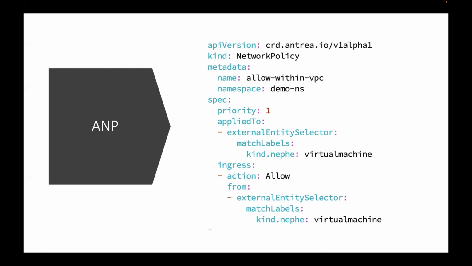Applied to is an external entity, and this external entity is created by NEFI. When I show the external entity information in the demo, it will be clear that we add a special tag in the external entity, and using that hint, the Antrea controller dispatches the policy to the NEFI controller. Otherwise, it will be blocked at the Antrea controller itself. Okay, thanks for the clarification.